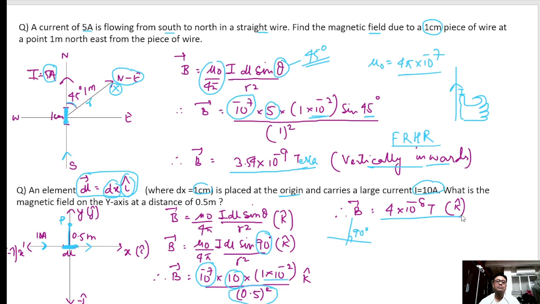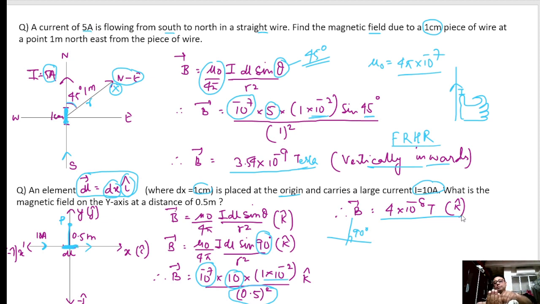And what is the direction of the magnetic field? So this is the y-axis, and the current is going like this along the x-axis. The wire is this, the current is going like this, so it is vertically up.